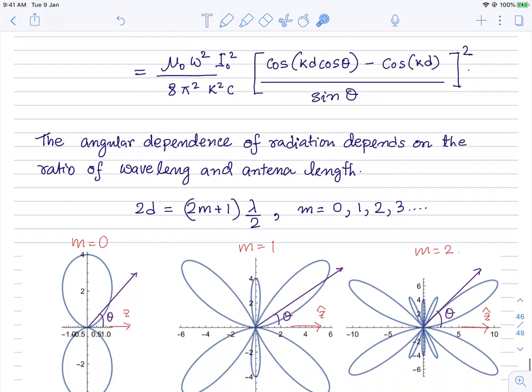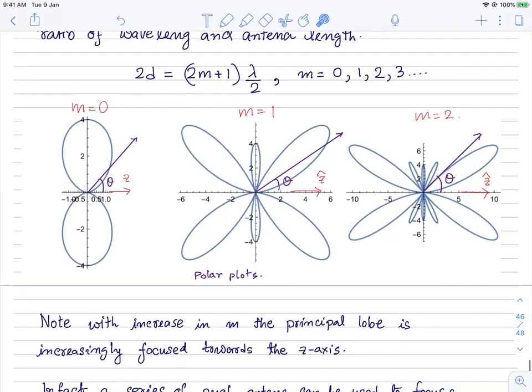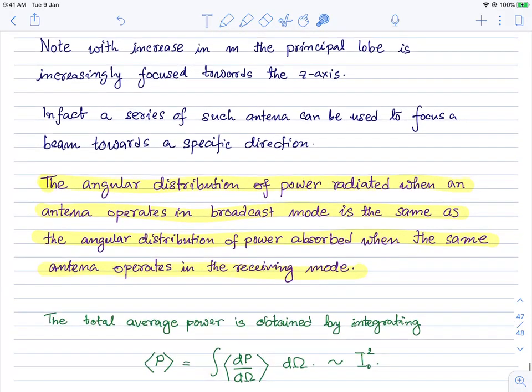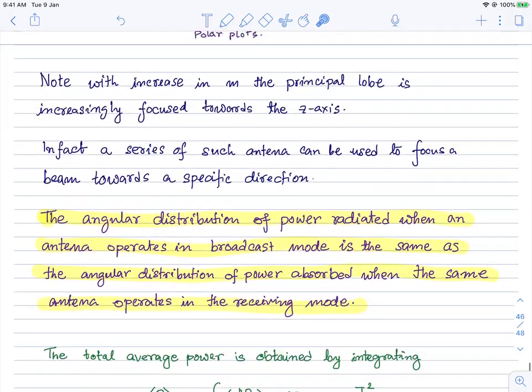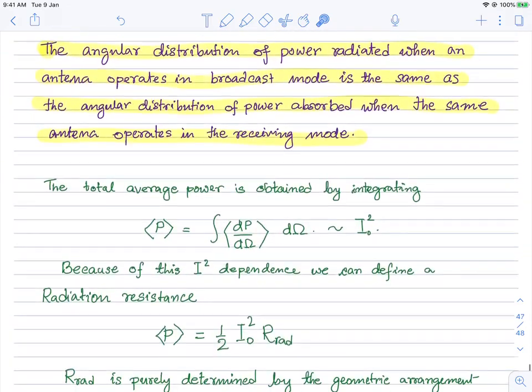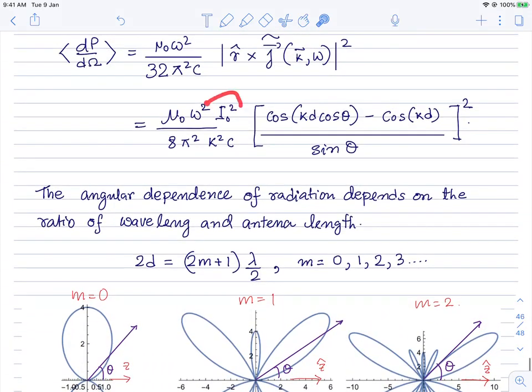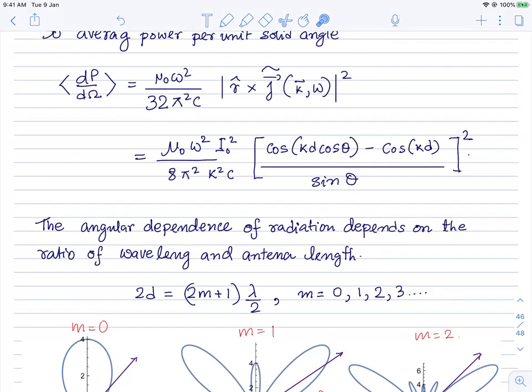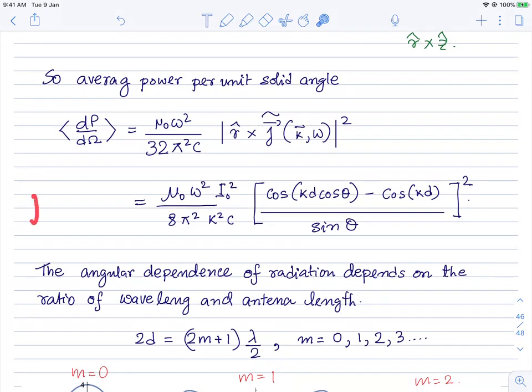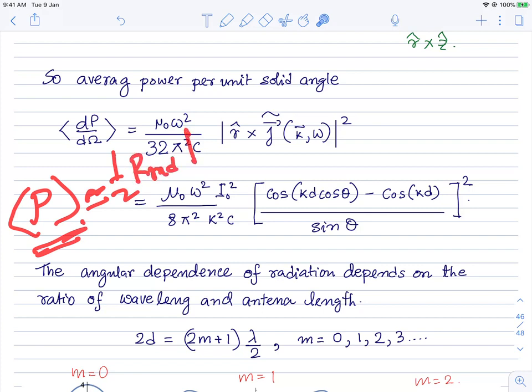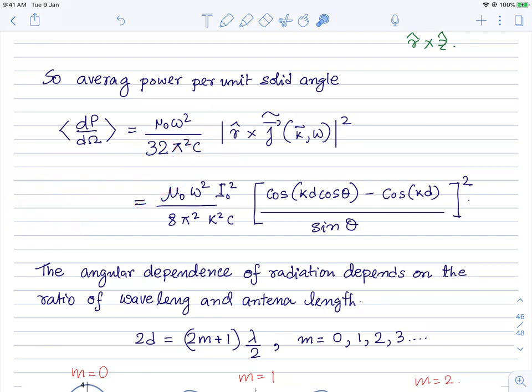So this is all that I have to say about the antenna. And the last thing, which I mentioned before: the antenna is radiating out, and this is proportional to I naught square. So the total power P I can define by integrating over theta and phi, and if that is equal to half R radiation I naught square, then this is the radiation resistance that I have to overcome if I want to send out a signal.